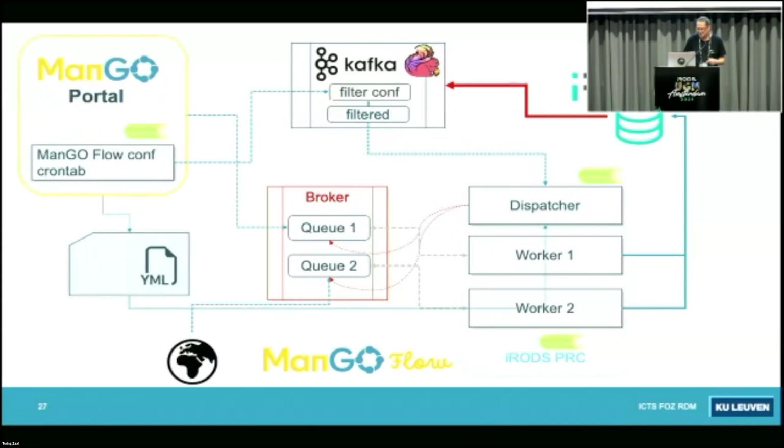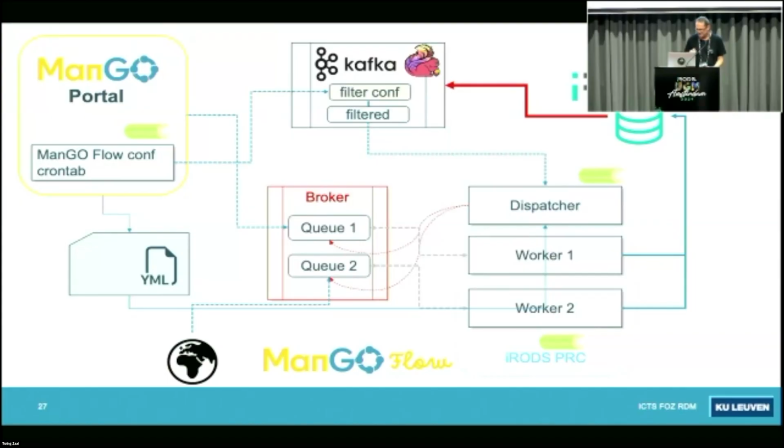The goal is that we want to have it in a dynamic system that you can easily change and add and delete workflows in a running instance of the ManGO portal and your iRODS installation. And therefore, we also employ new parts in the ManGO portal, which will have its own little worker system and signal passing also to, for example, this Kafka.